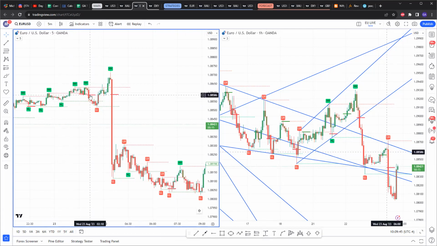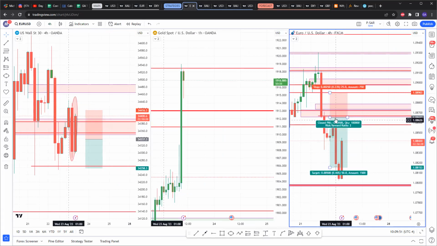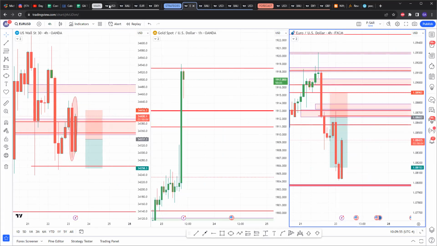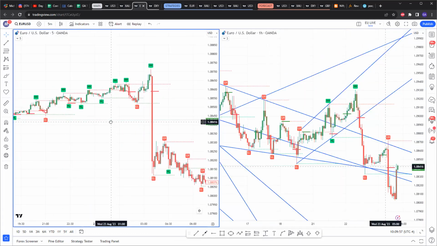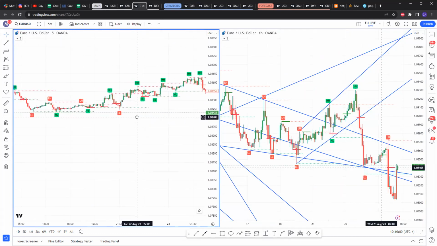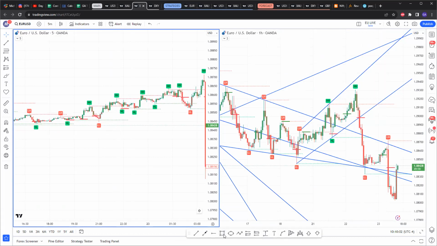So that entry was around the 1 a.m. candle. The next time price retraced was around 1 a.m. right there. And if we go to EU, your entry could have been here as price retraced.